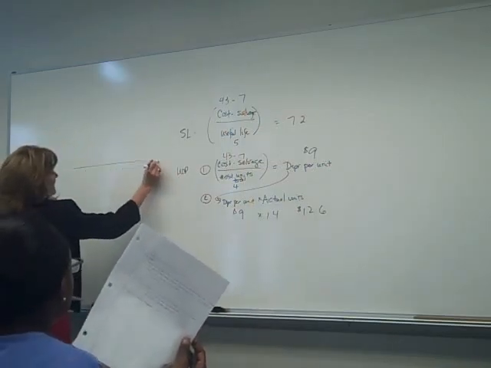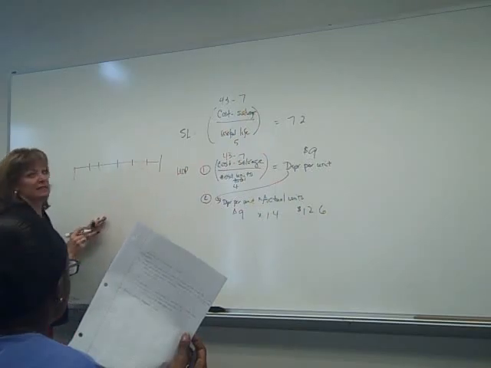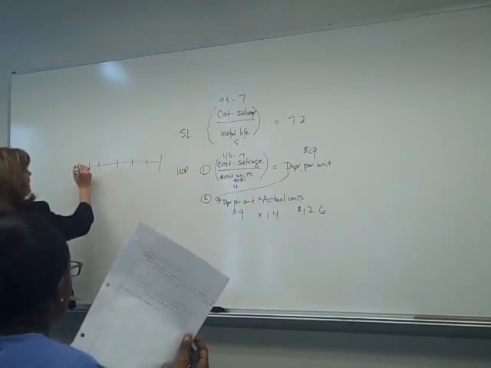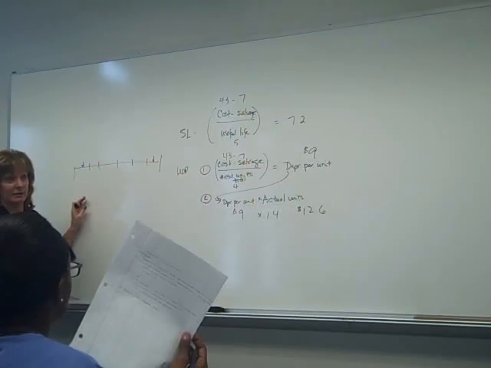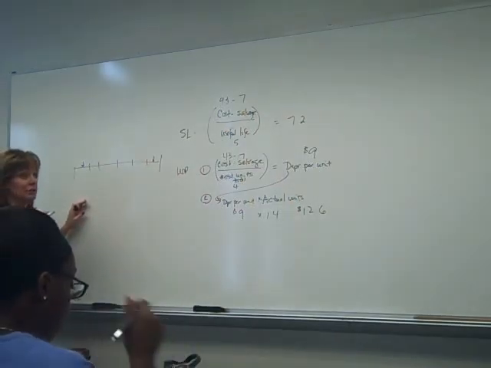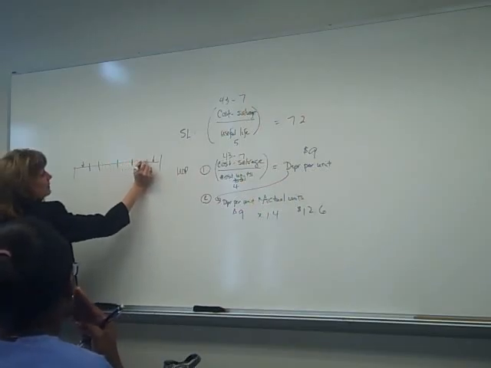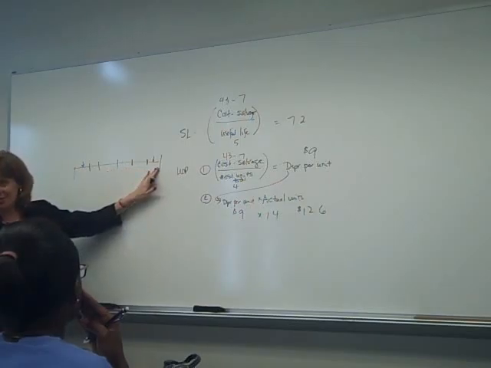But that asset actually affects 6, not 5, but 6 fiscal years, right? Because we bought it here, and we expect to get rid of it there. 5 full years. These are calendar years, fiscal years, right? But we bought it within, so it's going to affect this, and this, 6 years.